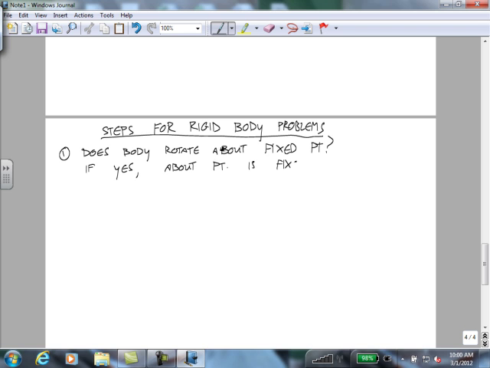If no, your about point is the center of mass. And this about point, let's call that A, your about point A.